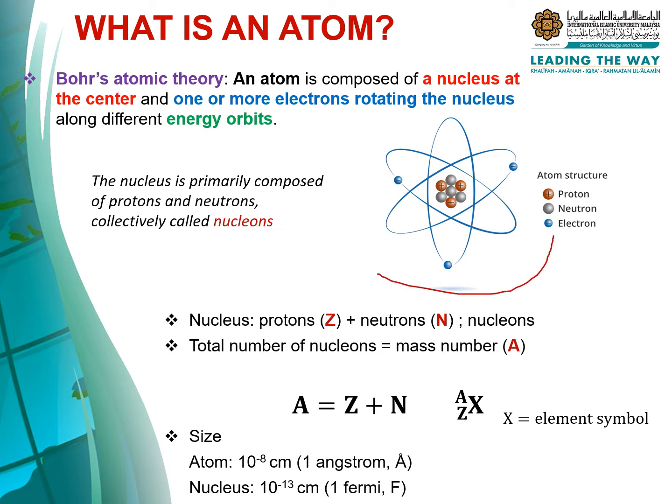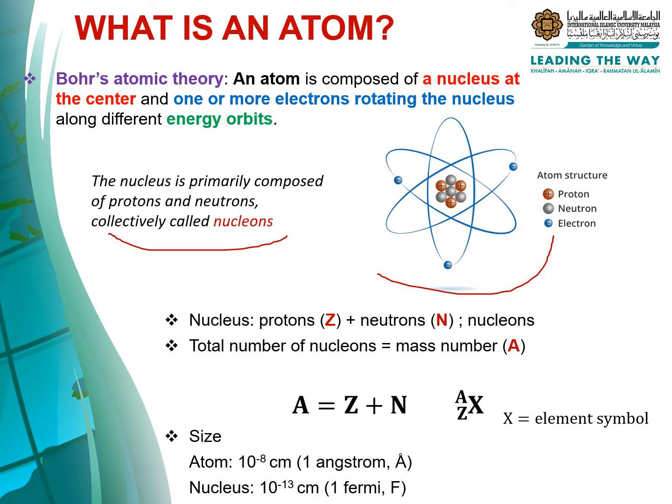The nucleus is primarily composed of protons and neutrons, collectively called nucleons. For atoms of a given element, the number of electrons moving around the nucleus equals the number of protons, balancing the electrical charge of the nucleus.